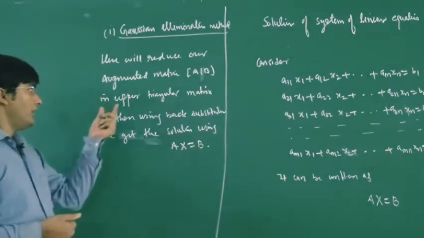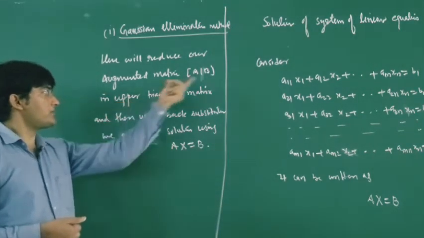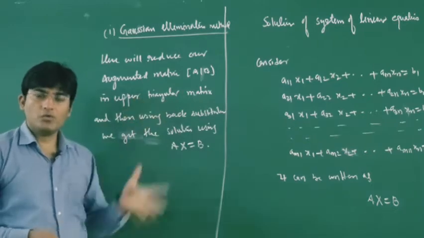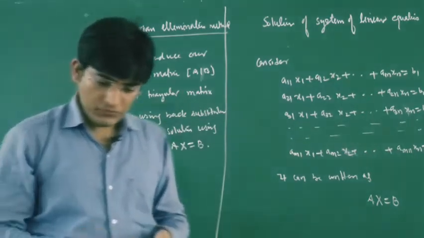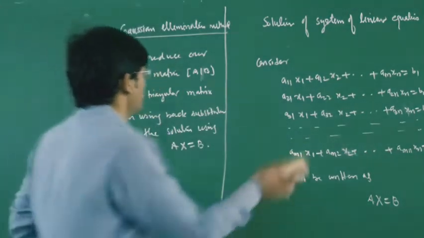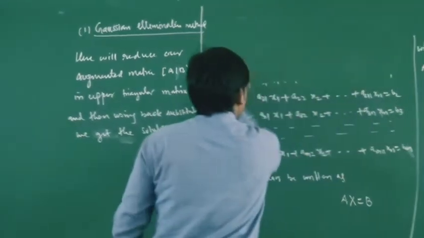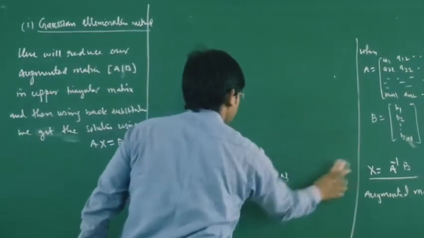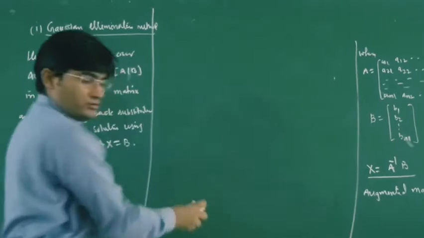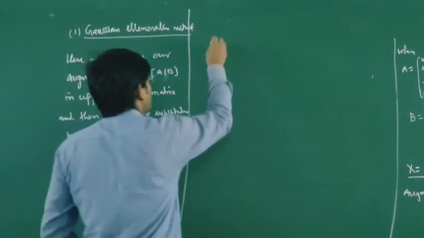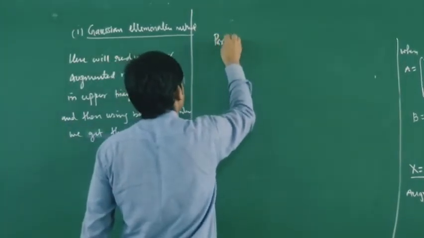Now here we will reduce this matrix to an upper triangular matrix with the help of the pivoting. So let us discuss this pivoting. First we have the partial pivoting.